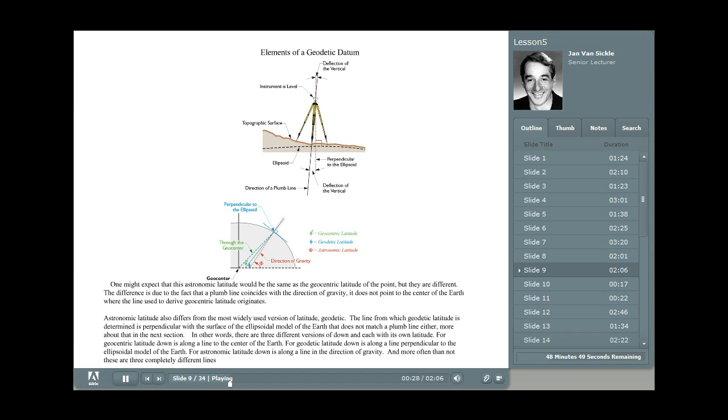And these astronomic observations, of course, were done with optical instruments that were set up on the surface of the Earth and used the direction of gravity to center over the stations from which the observations were made. Because of that, the latitudes and longitudes that were derived were, of course, astronomic latitudes and longitudes.